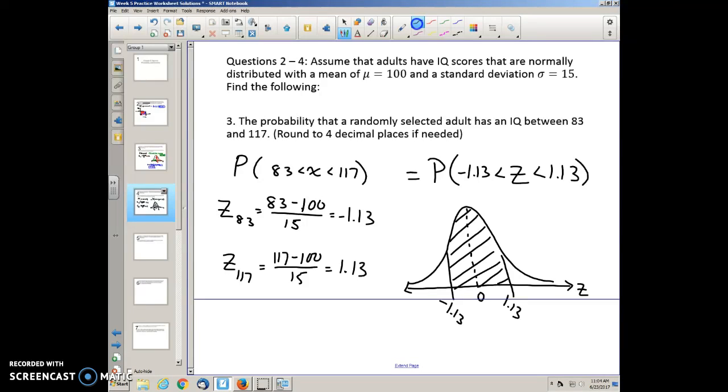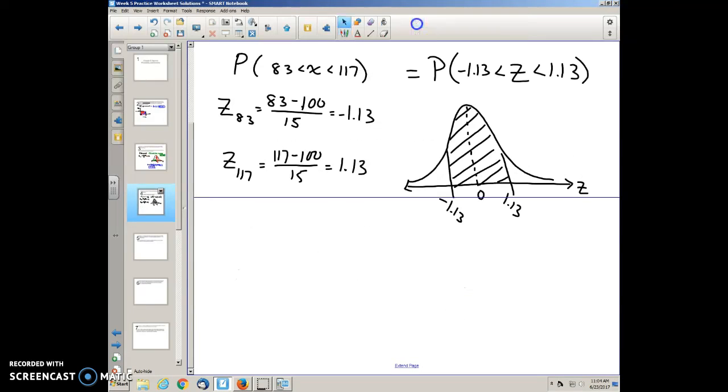Okay, for the z-score table, what you need to do is you need to find the area to the left of the larger value first. You need to find that area, then you need to subtract the area to the left of the smaller one. That'll give you what's in between.